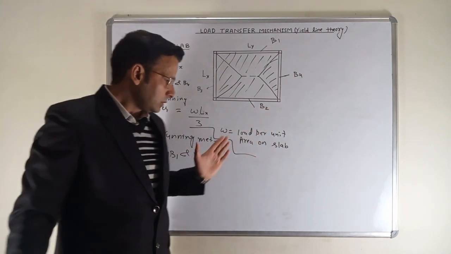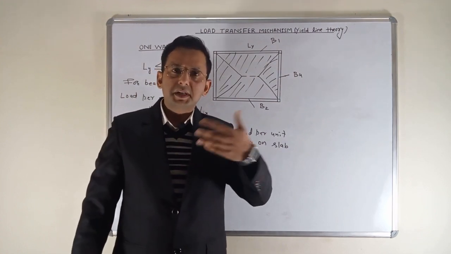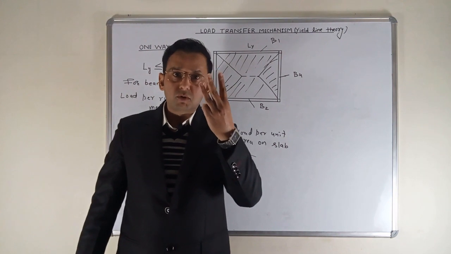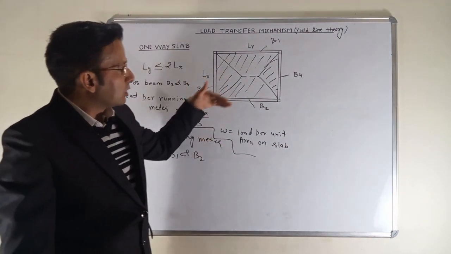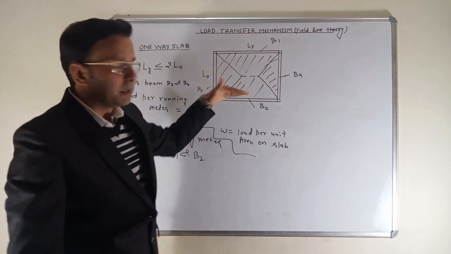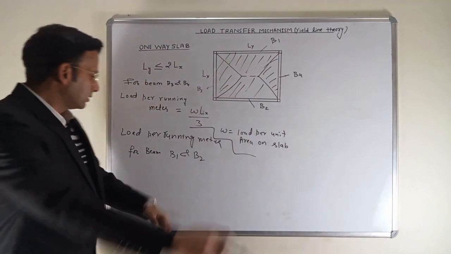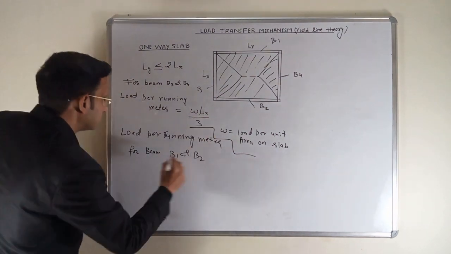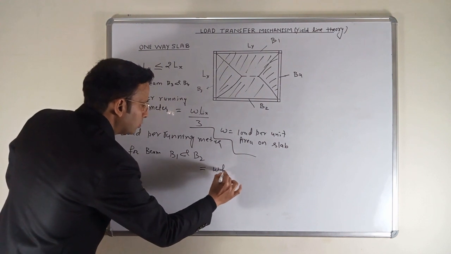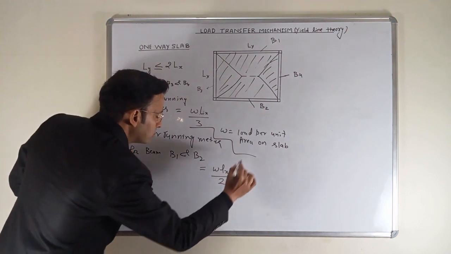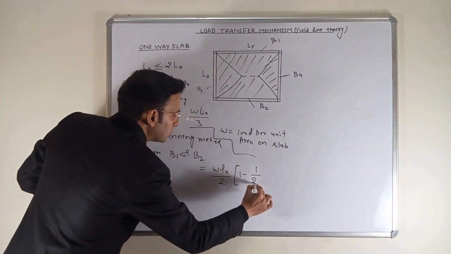If you go through different books, different professional designer books, you will find three formulae for calculating the load on beam B1 and B2. So I will explain all of them. What are those formulae? First formula is W Lx upon 2 times (1 minus 1 upon 2R).